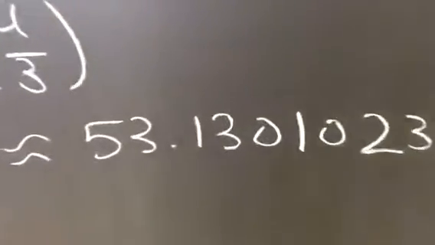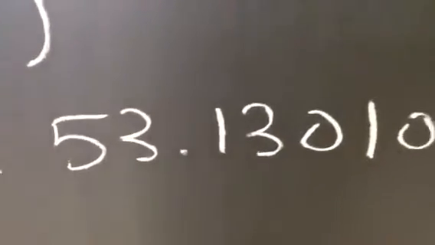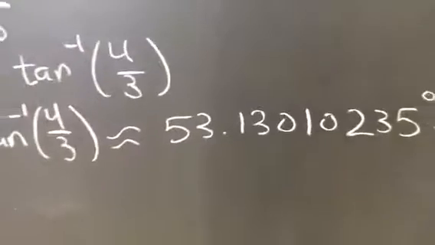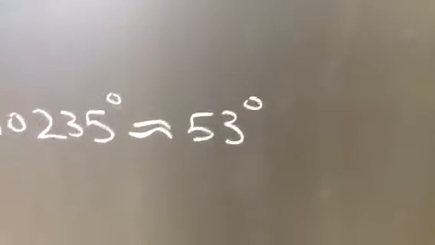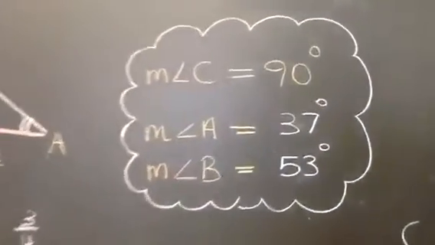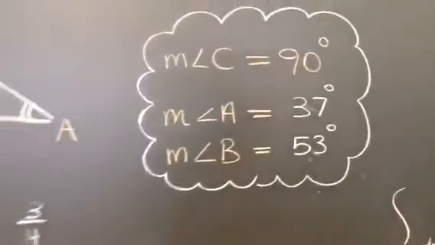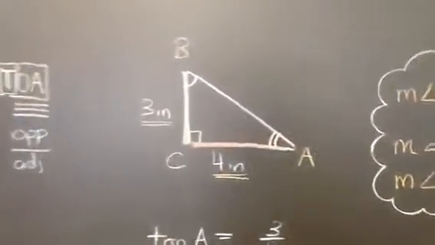But this 0.1 is not enough to round up the 53 to a whole number of 54. So I say that angle B is approximately 53 degrees, and as long as 53 degrees is complementary with 37, I'm safe. And lo and behold, I'm safe.